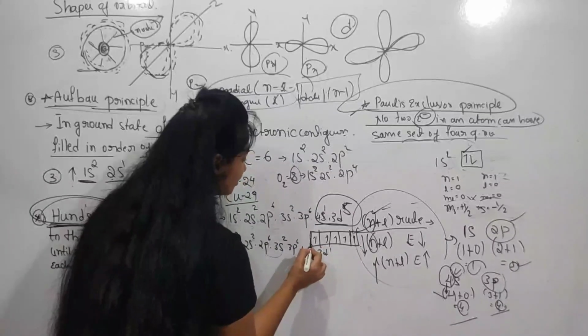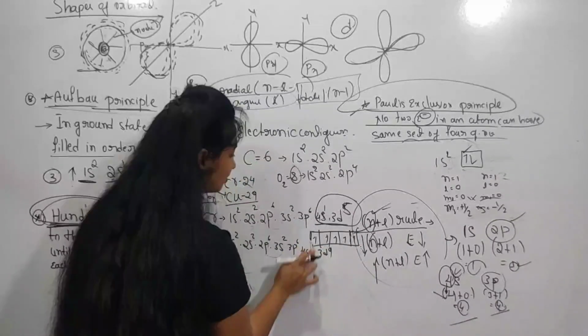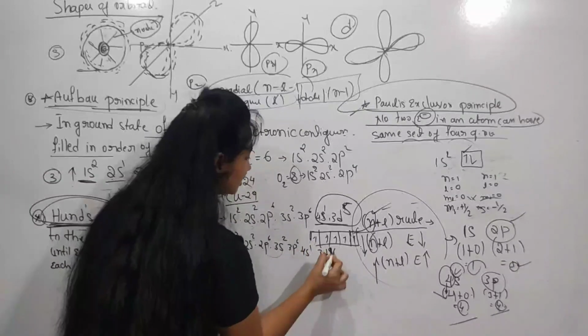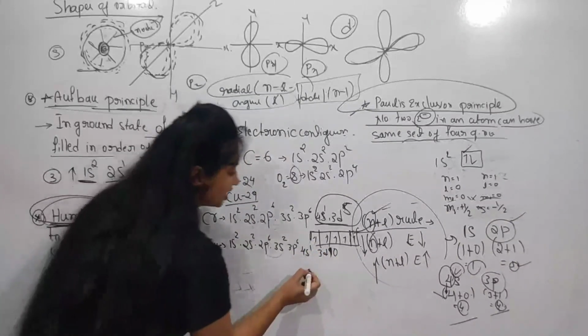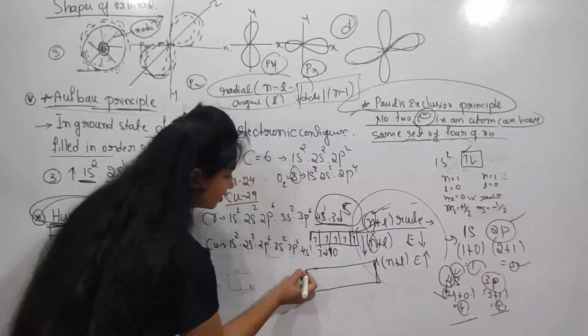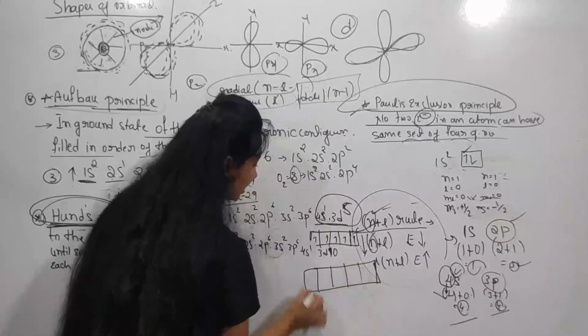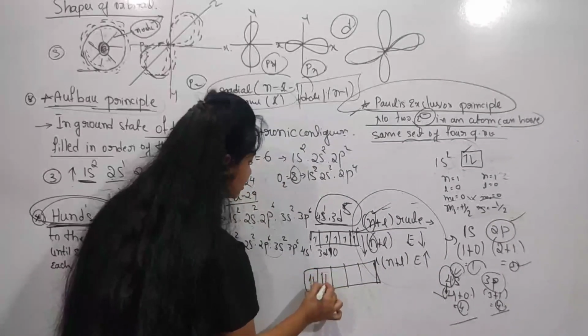Instead of 4s2 3d9, what happened here? 4s1 3d10.